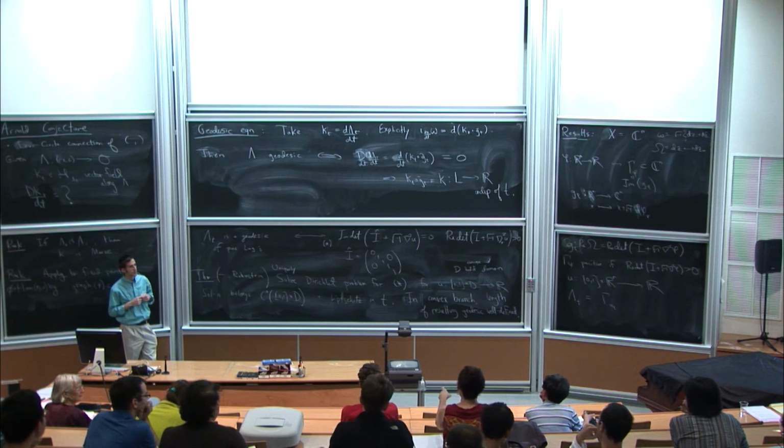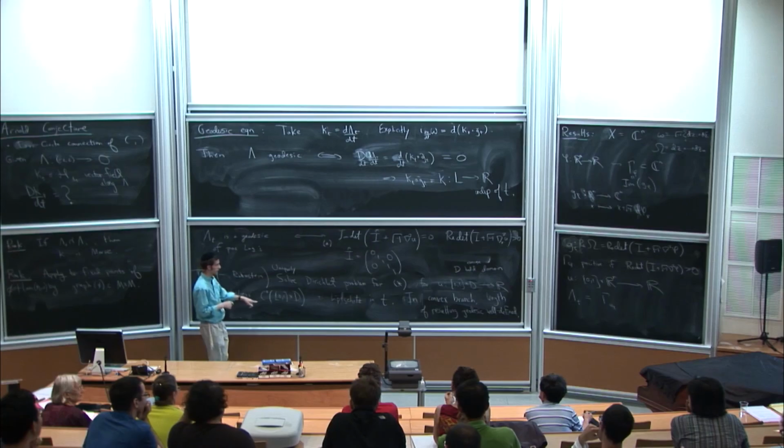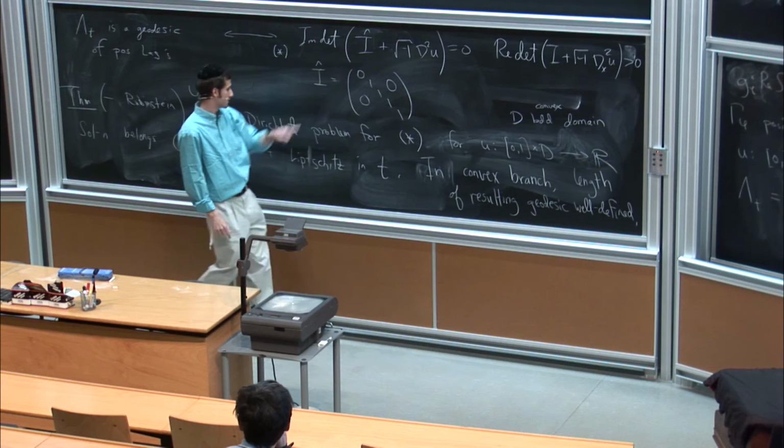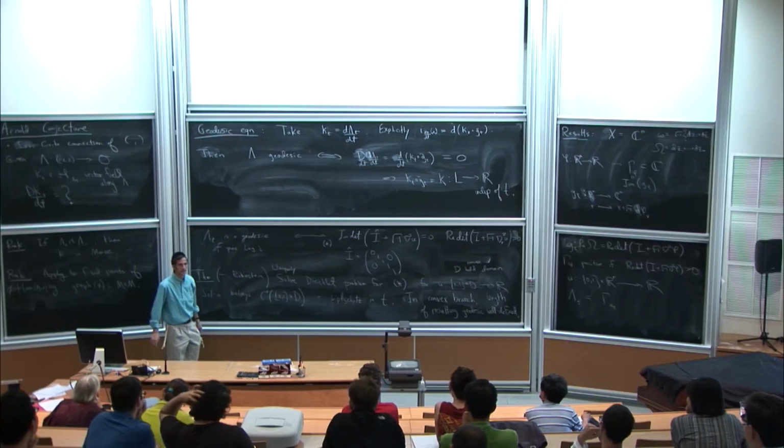So just to clarify, the claim here is that among graphical Lagrangians, there always exist geodesics between points? I mean, in some very weak sense. You have to make sense of the Hessian, because this is the Hessian equation of a C0 function. Okay, yeah.